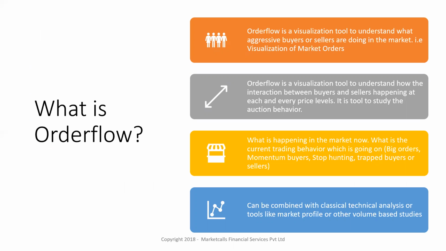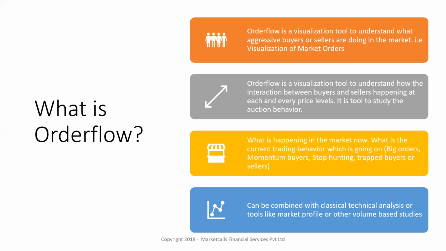But order flow talks only about the buyers and sellers. Candlesticks talk about patterns. Here also we have price based patterns. But what order flow gives you is an immense idea about what is actually happening in the markets.